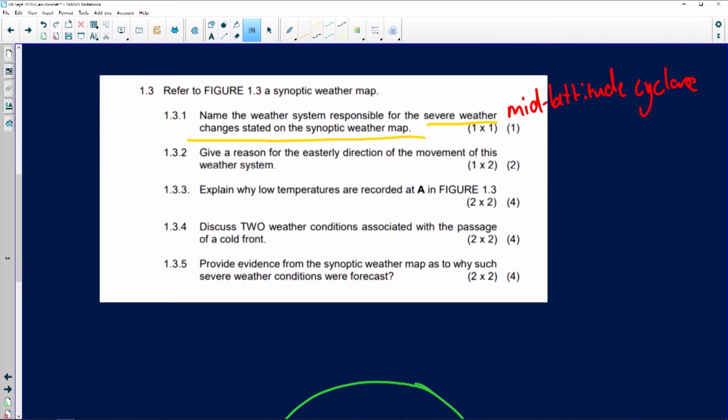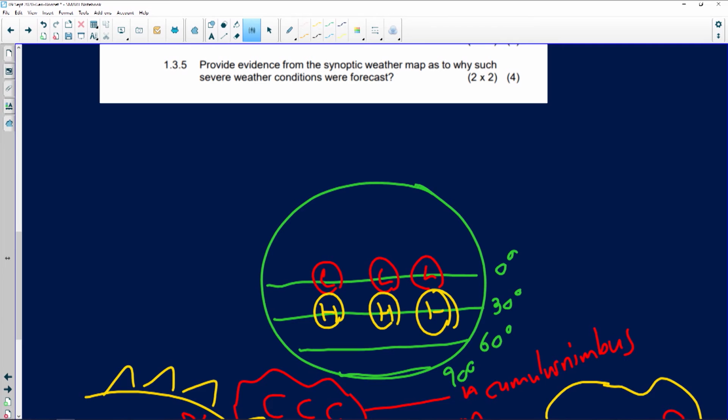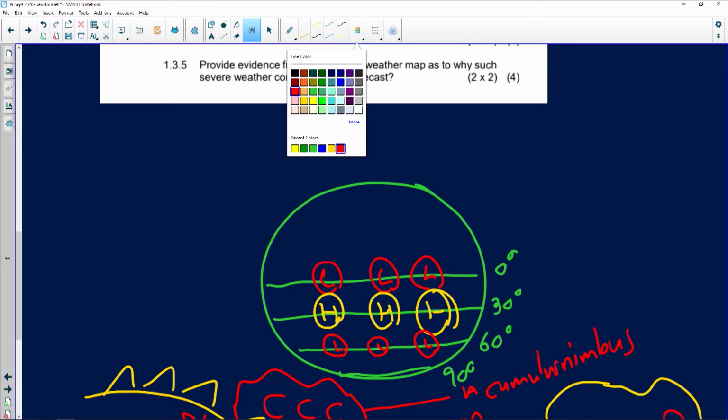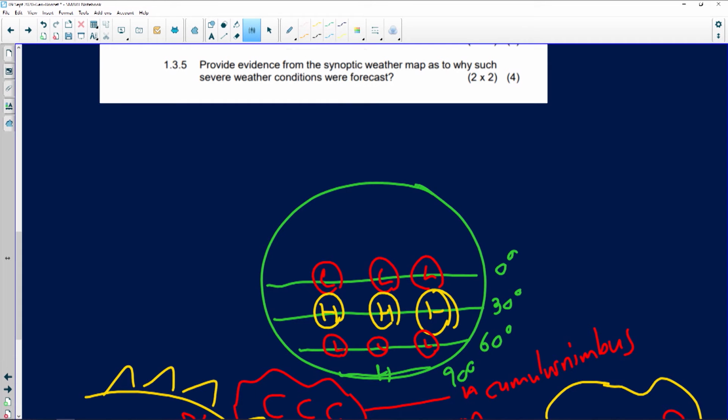Let's quickly go back to our global circulation of air. We established that that's the equatorial low pressure, the subtropical high pressure, the subpolar low pressure, and over here at the bottom, the polar high pressure belt.